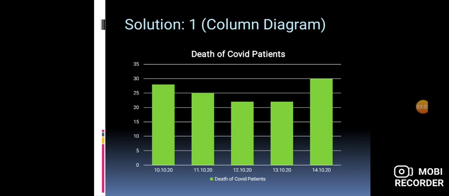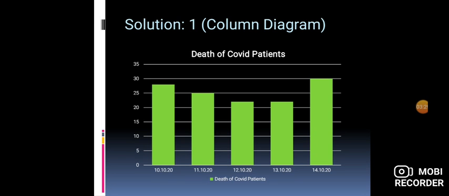So a column chart is very effective for showing the situation at a point or at a time. Here one axis displays the categories being compared and the other the data values.